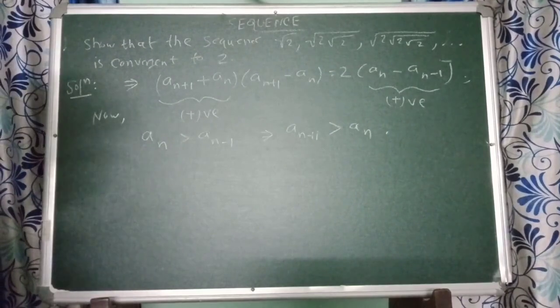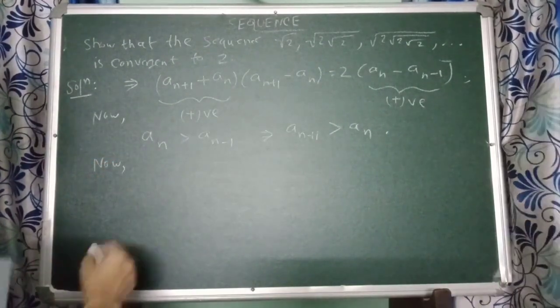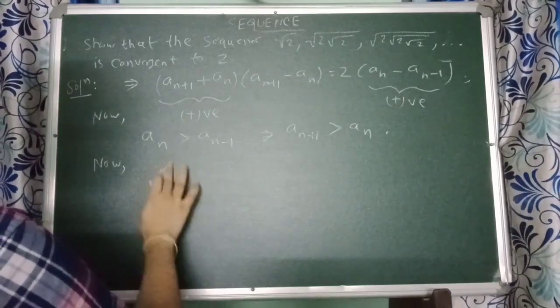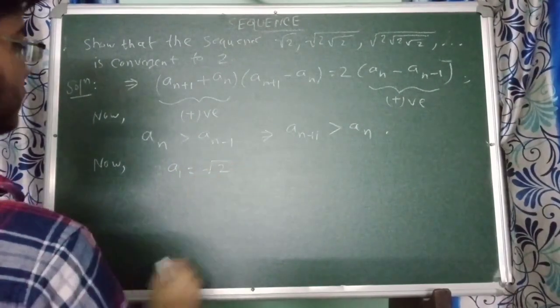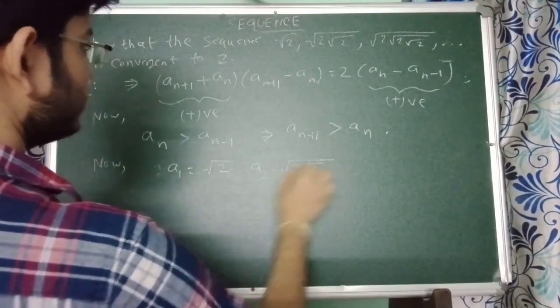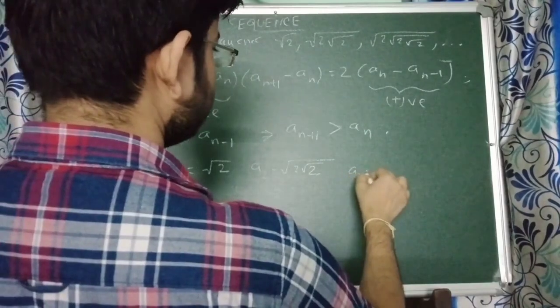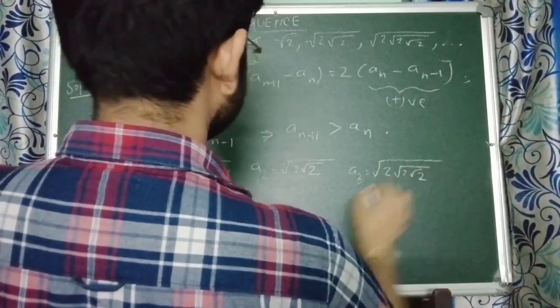Now a1 equals root 2, a2 equals root of 2 into root 2, and so on. a3 equals the square root of root 2 into root 2 into root 2.